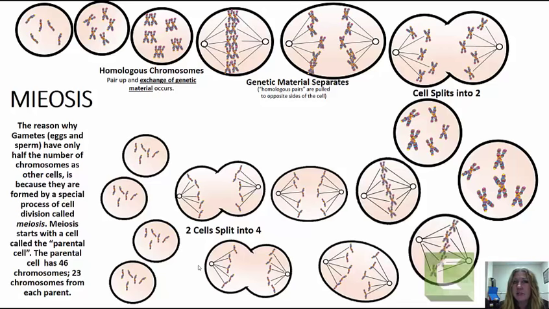That parent cell still has 23 chromosomes from mom and 23 from dad, but this time number 1 chromosome from mom and number 1 chromosome from dad are going to pair up, lay on top of each other, and shuffle their genes. They're going to swap genetic material between themselves. You can think of it like reshuffling a deck of cards. The genetic material gets all mixed up here, and it's really kind of cool.